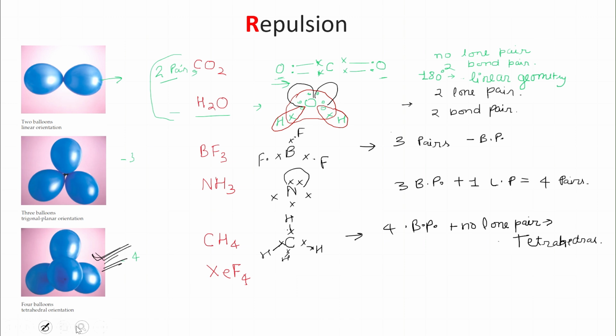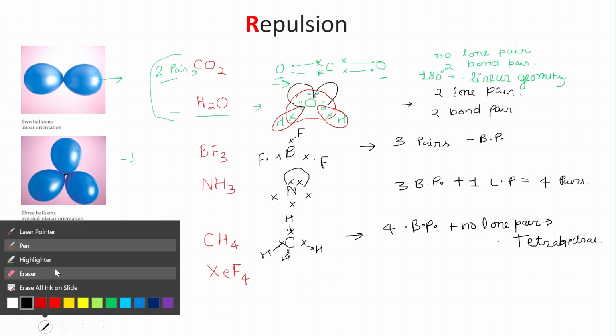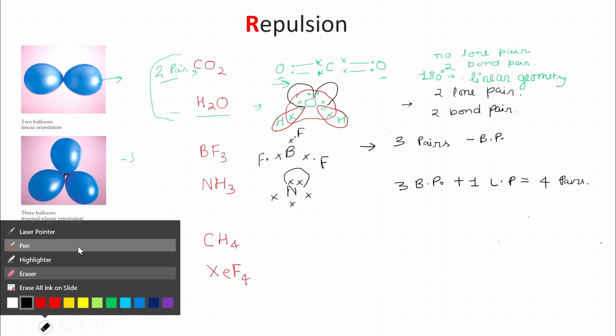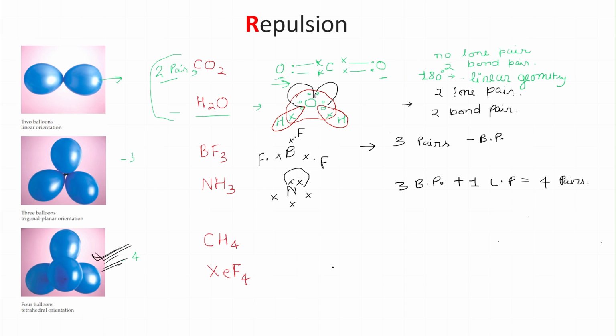Okay, now to make some space for the next one, can we assume it to be the same? We know that xenon is a noble gas, so it will be something like this. Let's see.